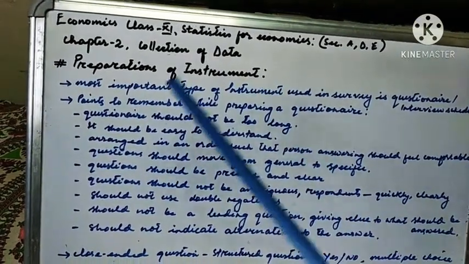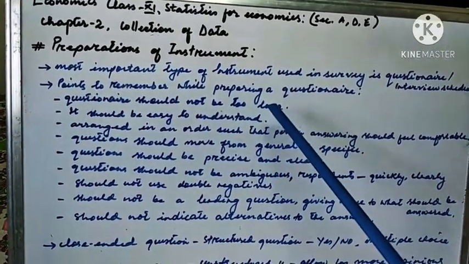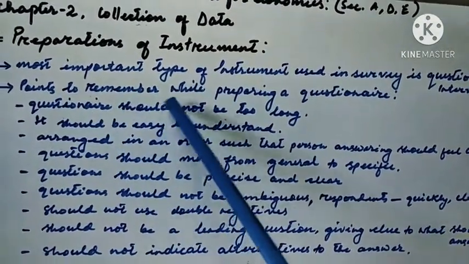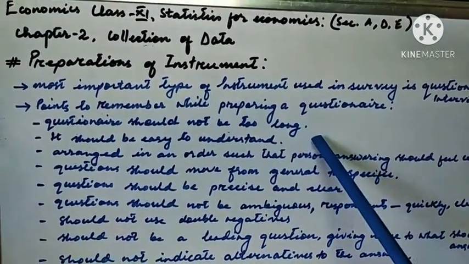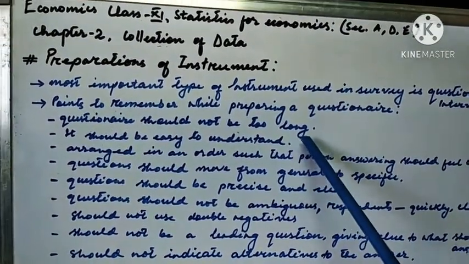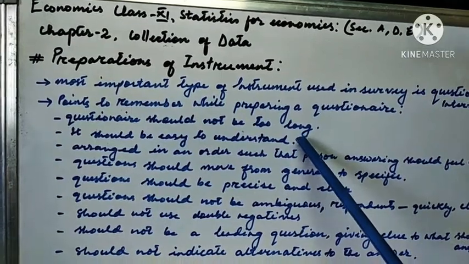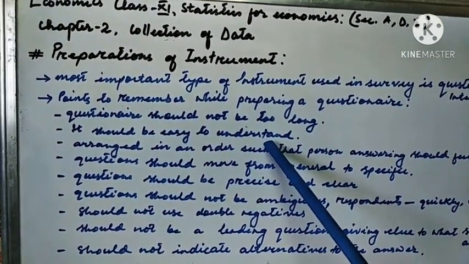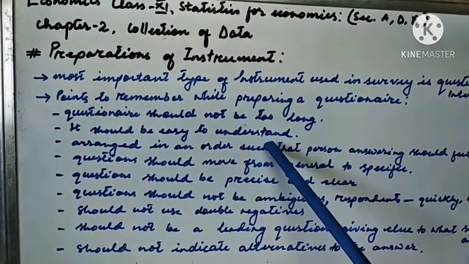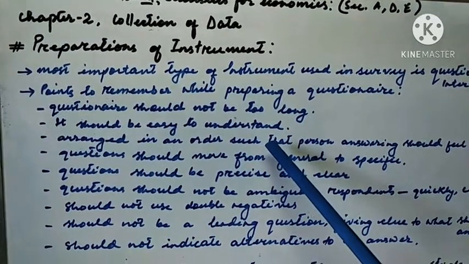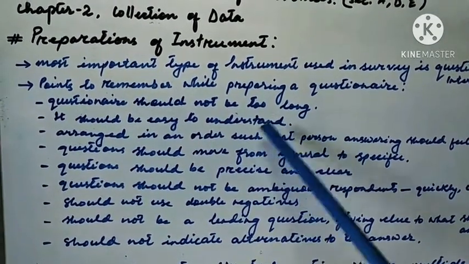So what are the various points to remember while preparing a questionnaire? Number one, the questionnaire should not be too long. The number of questions should be as minimum as possible. Stick to the minimum questions, and it should be easy to understand. Try to avoid ambiguous or difficult words.